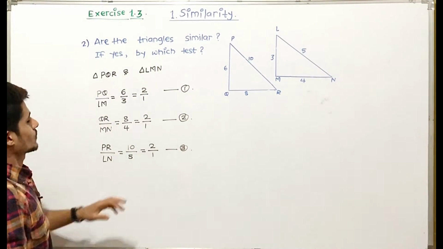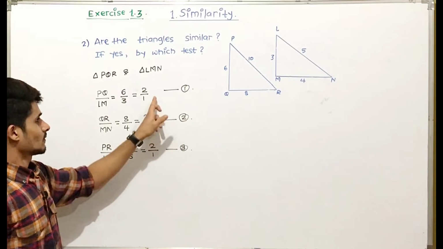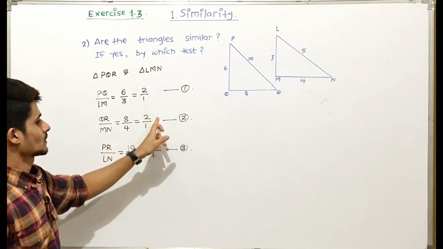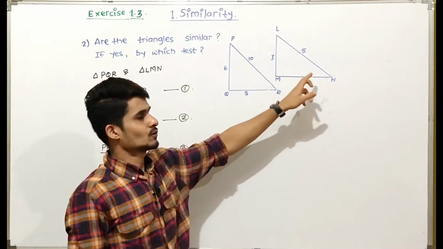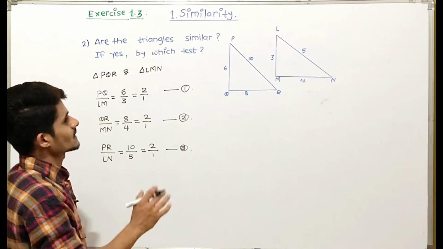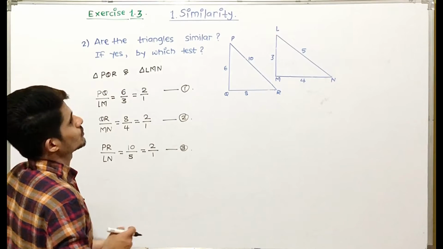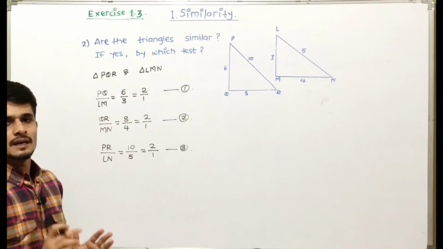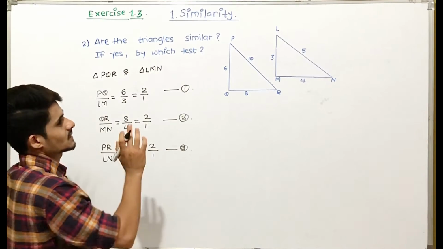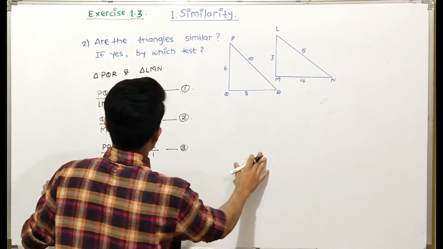So now you can see from 1, 2 and 3 we have the same values. That means corresponding sides are in proportion. So triangles are similar by SSS test, that is side test.